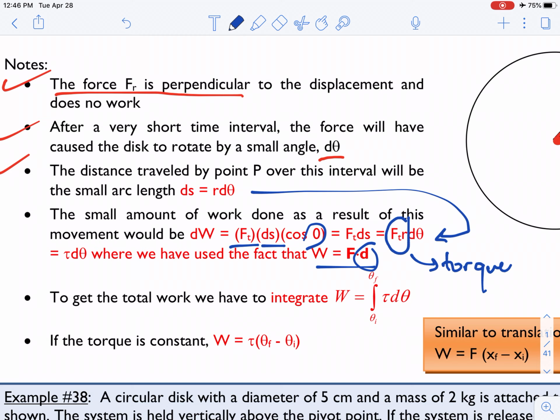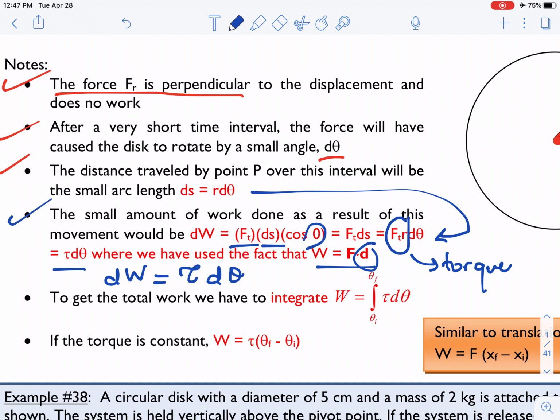So you're replacing that with tau, as you can see here, multiplied by d theta, and we simply use the work definition, and this is what we get: dW, the small work done, equals torque times small displacement, right? So this is also done.